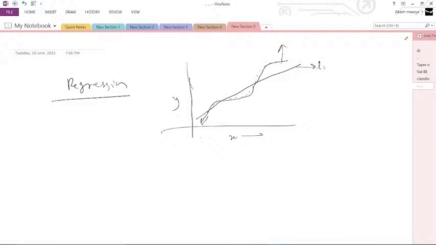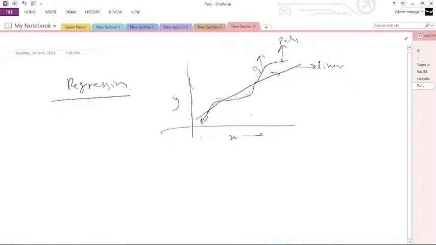This one is linear, and this one is polynomial, maybe quadratic, or maybe 3-degree or 4-degree polynomial. If I ask you which one is fitting the data well, this one is also getting the trend right, like the data is going up and the line is also going up, but this one is actually fitting the data really well. If you compare these models, this model will have less error than this one, so we can think of this as a good model.